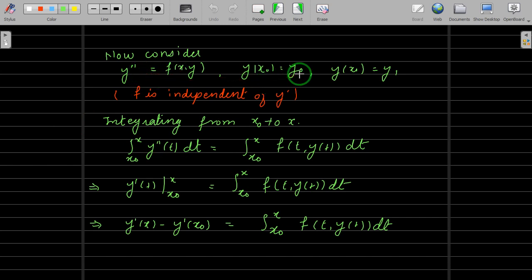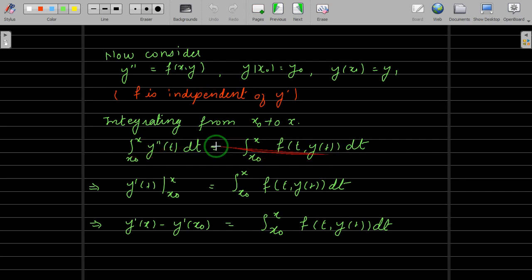So the next problem was y double dash at x equals f at x comma y at x, with y at x naught equals y naught, and y at x1 equals y1. And we want to convert this entire equation into the integral equation. So I first integrated this equation with respect to x from x naught to x. What I got is integral from x naught to x y double dash at t dt equals integral x naught to x f t y t dt.